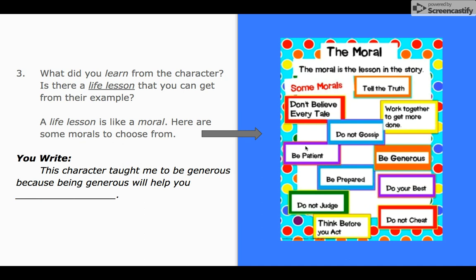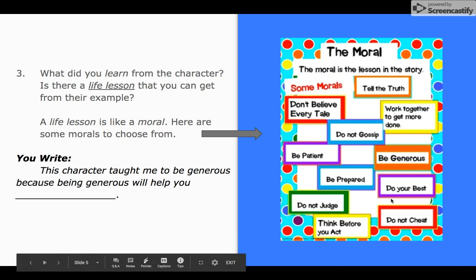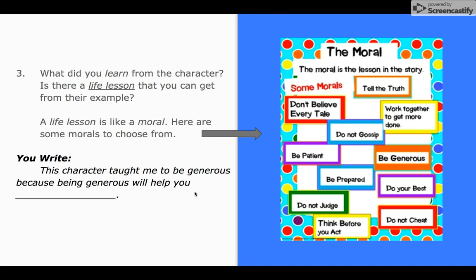Okay, and here's some other morals here. Check them out. And you will ultimately write a response like this. This character taught me to be generous because being generous will help you receive generosity in return. It will help you always find what you need when you need it.